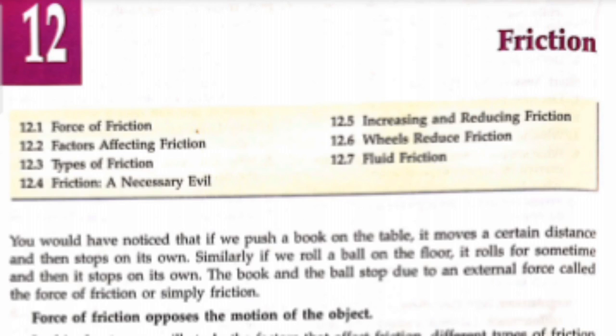Examples: when you catch a running ball, it can stop. You stopped the ball in motion by the force. And when you hit the ball with a bat, it can change the direction of the ball and it can also change the speed of the ball.